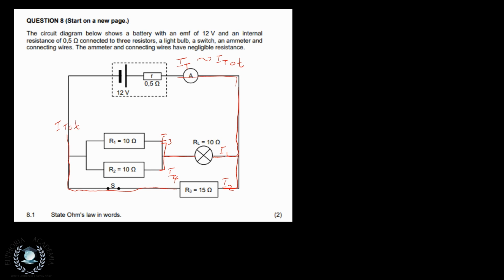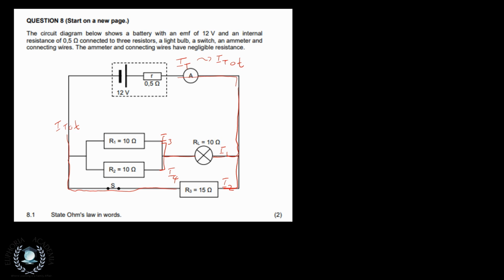Now, the potential difference across this whole circuit is essentially going to be the same for the two main branches here, but because we have another branch set, which is going to be R1 and R2, we're going to have a different potential difference.